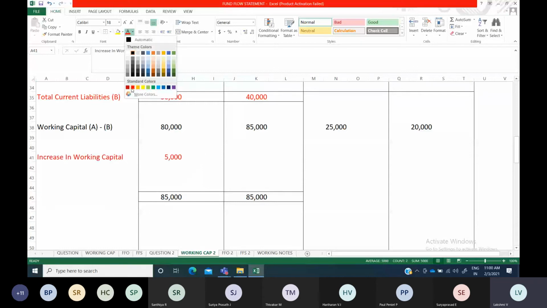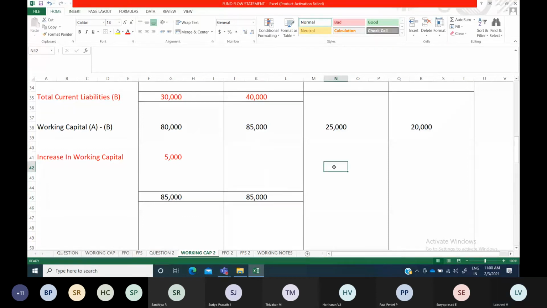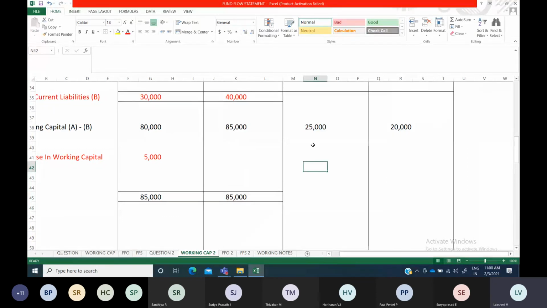And similarly, come to these two columns, increase and decrease column. So 25,000, 20,000, the higher amount is 25,000. So you just enter 25,000 here also and here also 25,000. Okay. Now find out the difference, 5,000.